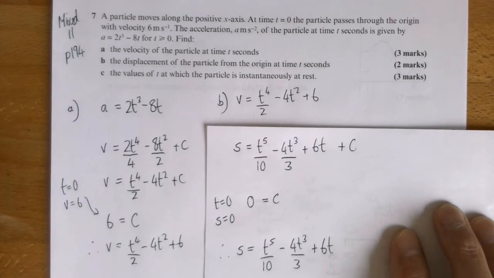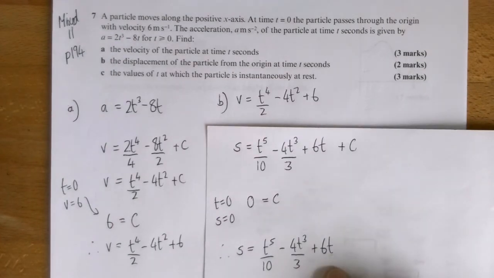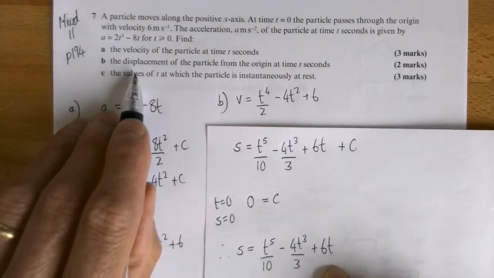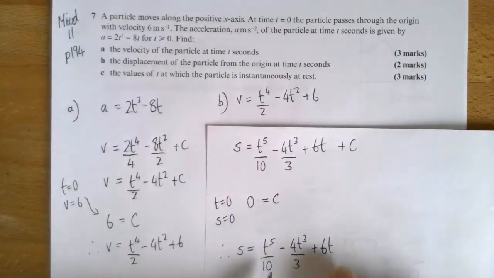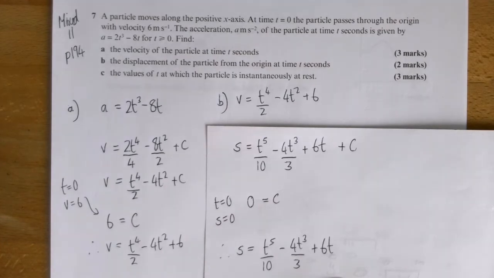So that is your formula for displacement. It's not how far has it travelled after so many seconds, it just wants a formula for displacement in terms of t. Okay, on to part C, the values of t at which the particle is instantaneously at rest.